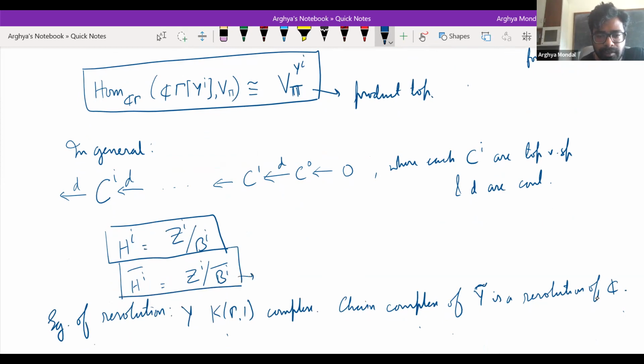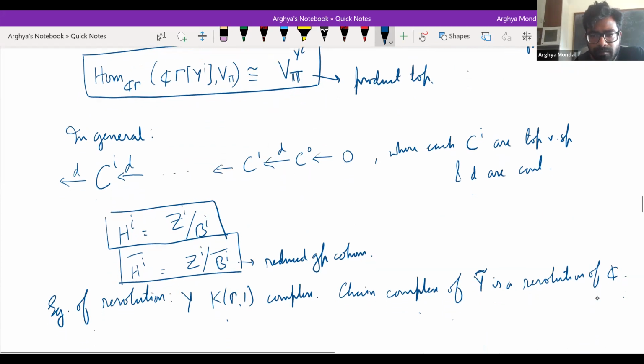So this is the reduced group homology. Also, if Hi bar is equal to Hi, we say that Hi is Hausdorff, because a point is closed.